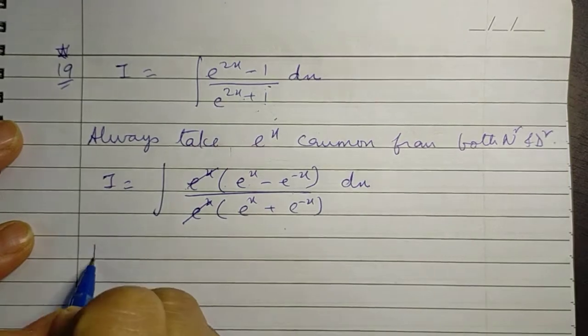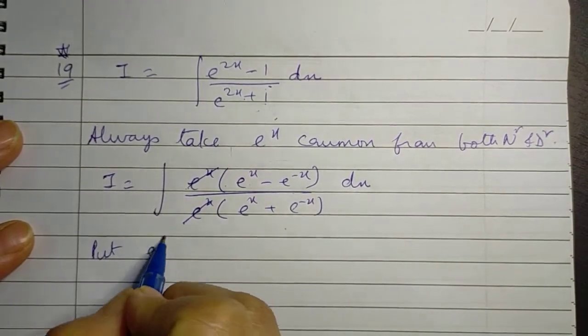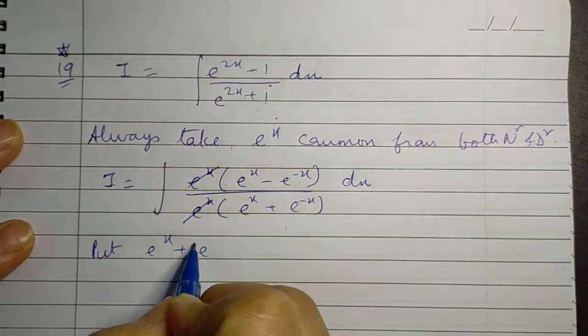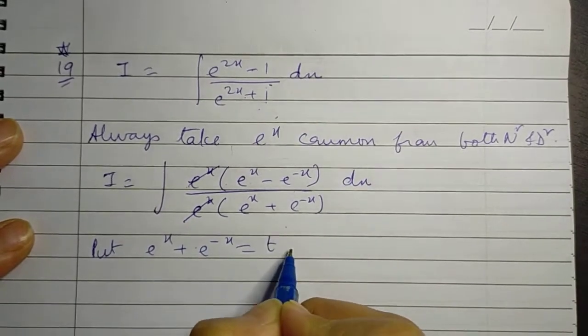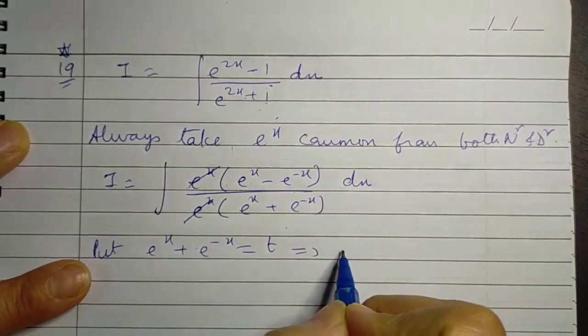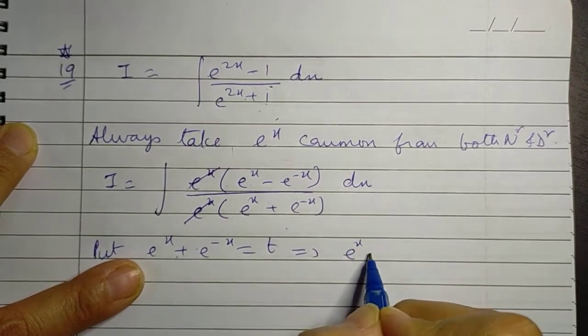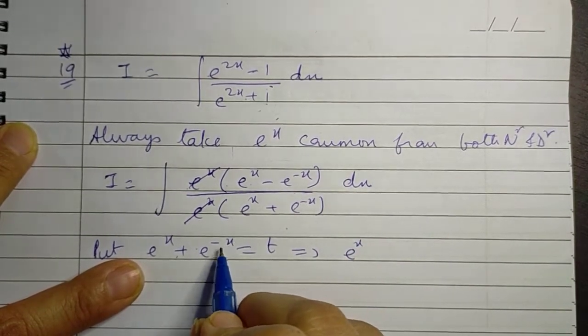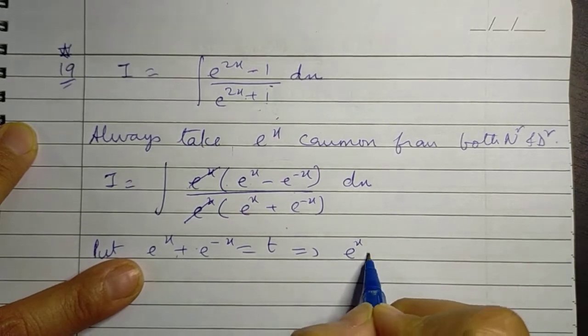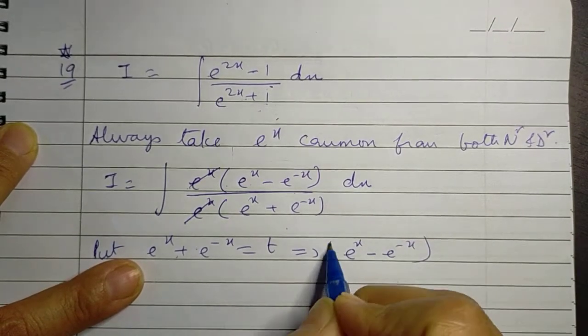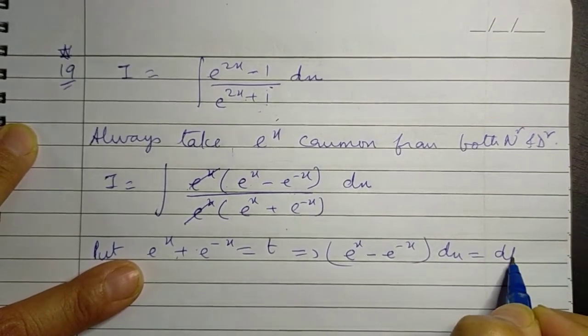So now you put the denominator, which is e raised power x plus e raised power minus x, as t. We get, on differentiating, e raised power x derivative is e raised power x plus e raised power minus x derivative is minus e raised power minus x. So I write it as this whole into dx is dt.